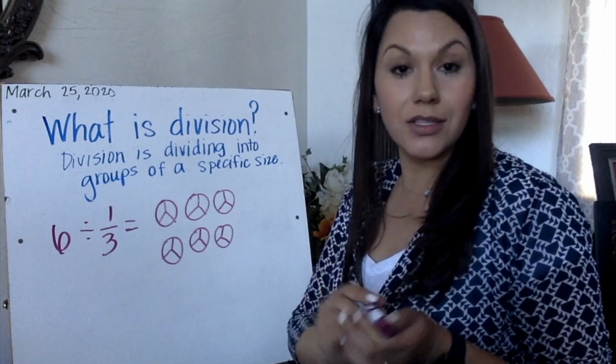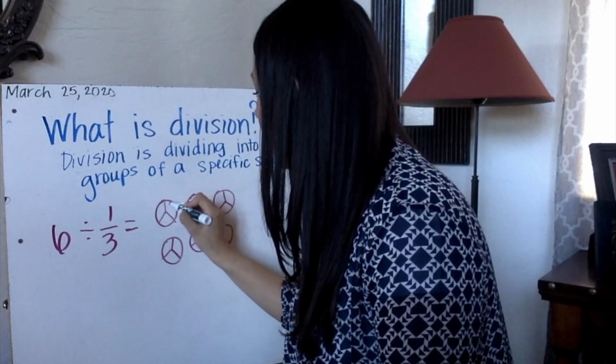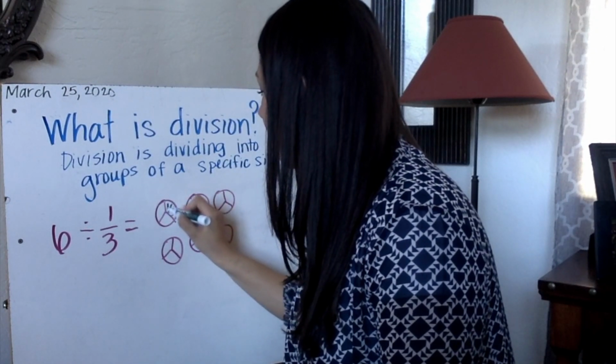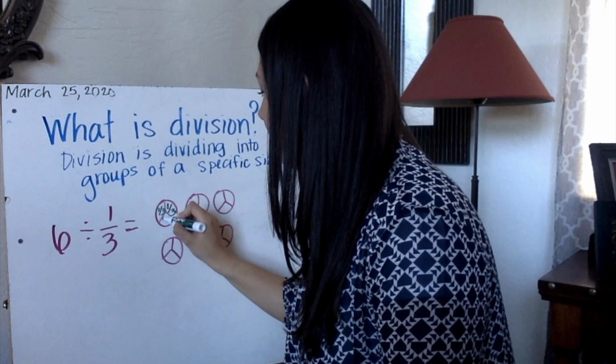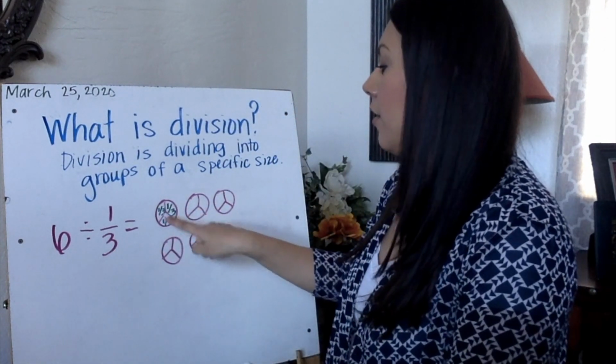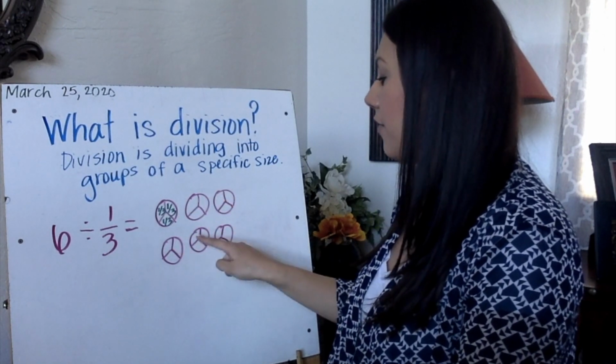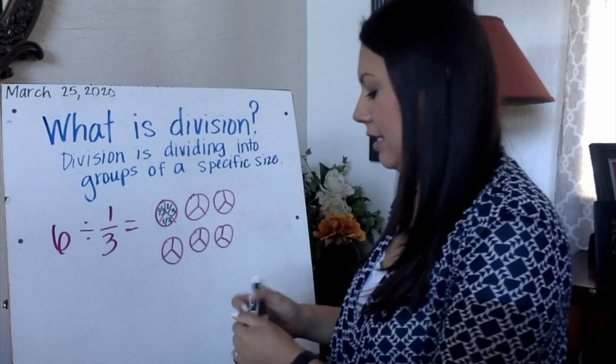And I'll label it so we remember how much each one is worth. 1/3, 1/3, 1/3. How many thirds are there? 1, 2, 3, 4, 5, 6, 7, 8, 9, 10, 11, 12, 13, 14, 15, 16, 17, 18.